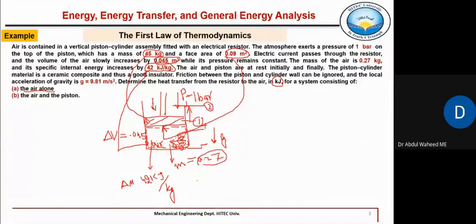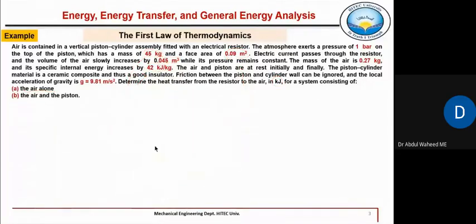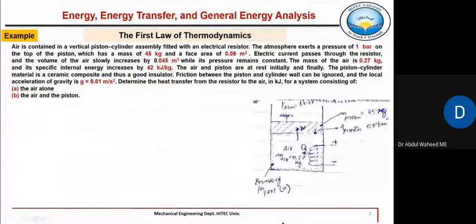Okay, now I have the same figure in neat form, so I will remove this one. Here is the same system shown. Only air is the system, right? And into this system, what is coming? This Q. Q is coming because this electric work converts into heat, and this heat is transferred to this air. So this Q is coming from the surroundings, and air is doing work onto the surroundings.